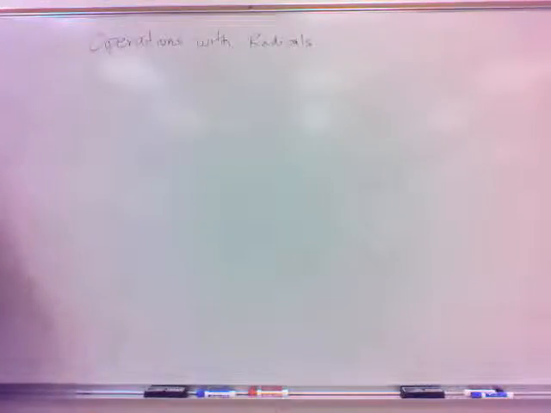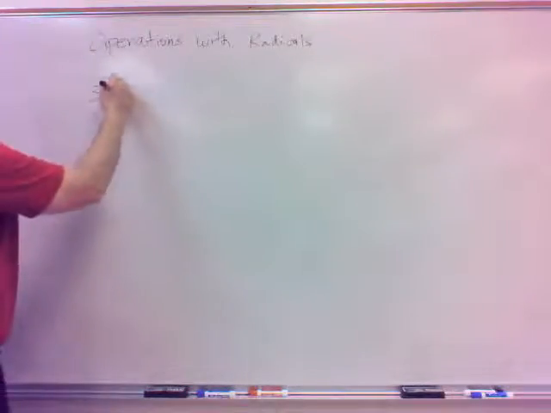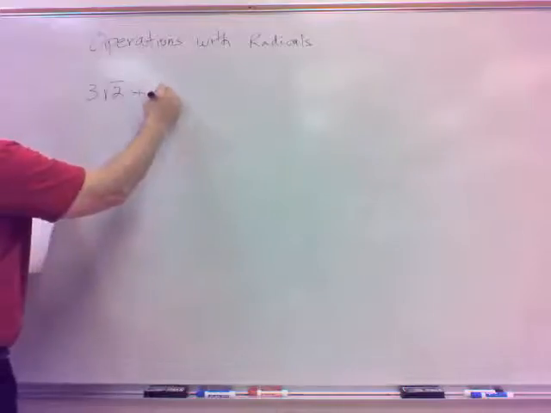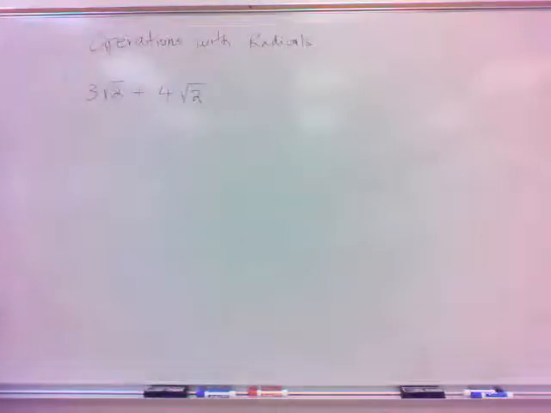For example, start out here with 3 square root of 2 plus 4 square root of 2. What I like to do is correlate this with going back to terms with variables in them.